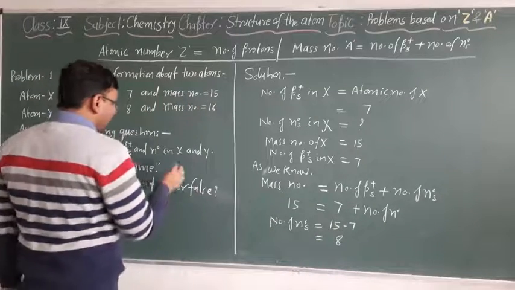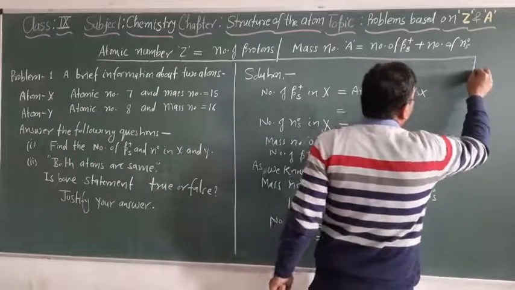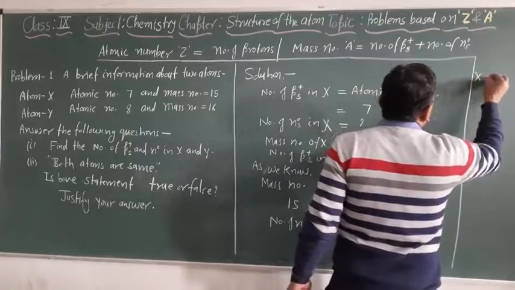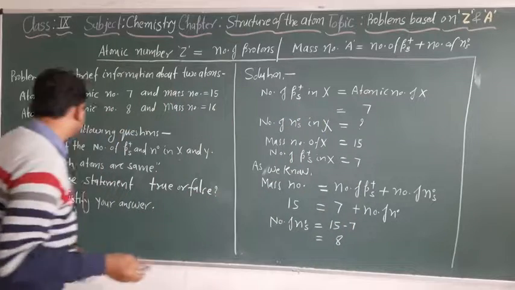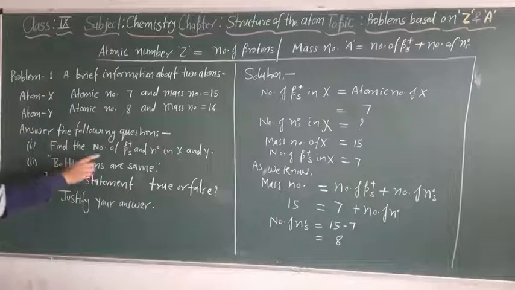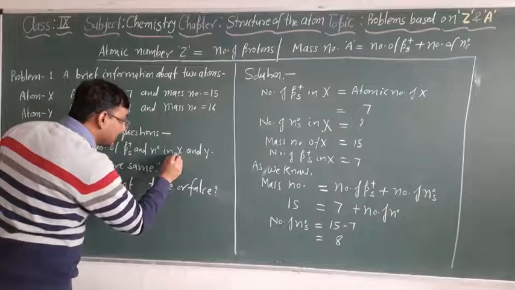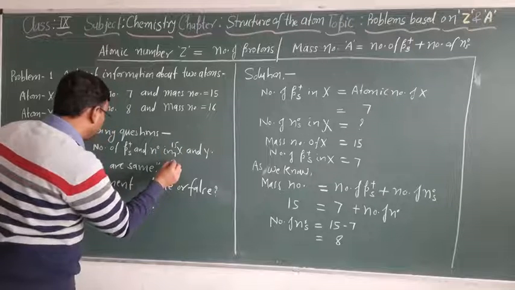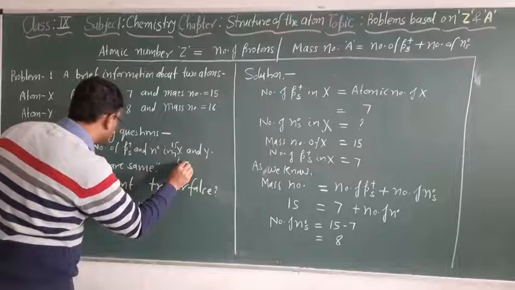So now we got the number of protons and number of neutrons in X. Number of protons 7, mass number 15, and number of neutrons 8.